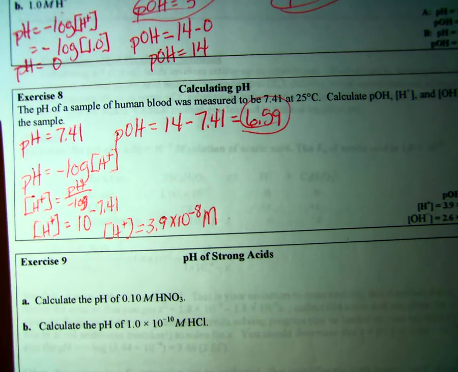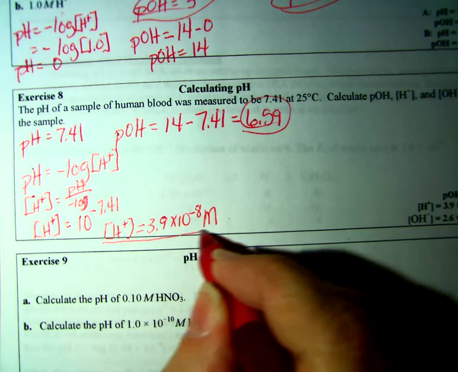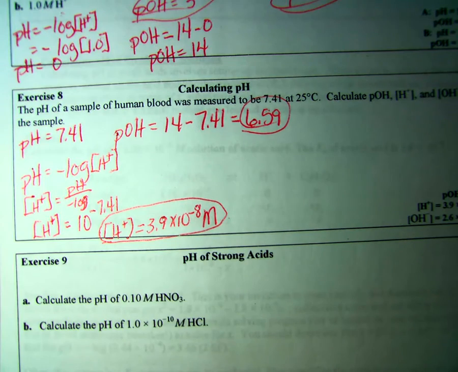And that's a concentration, so I need to put a big capital M. Yes, sir. Yes, you can get a calculator. If you don't have a calculator, you might want to get one so you can practice as we're going along. Make sure you know how to get the inverse log and all that.